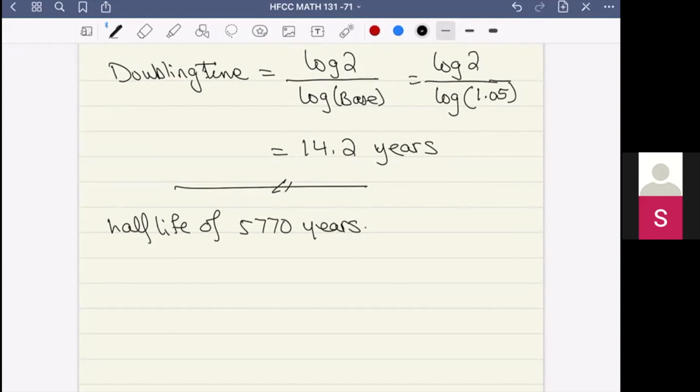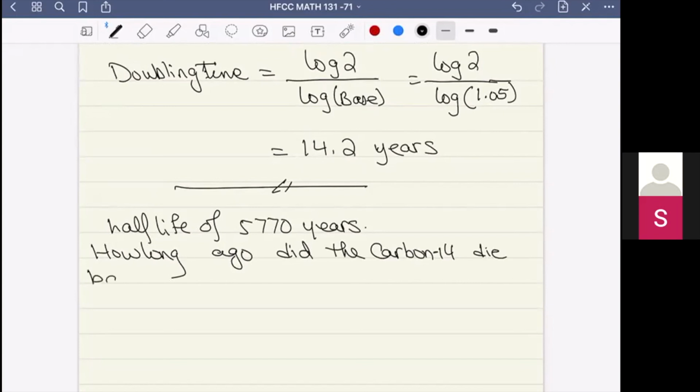And we said, let's find out how long ago did this carbon element, carbon 14, die, let's say, given the half-life of 5,770 years.